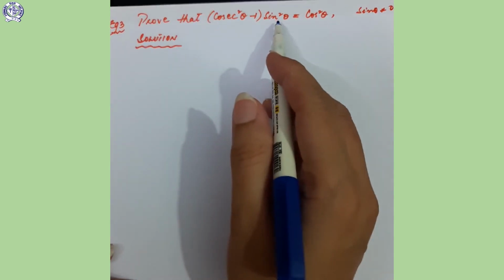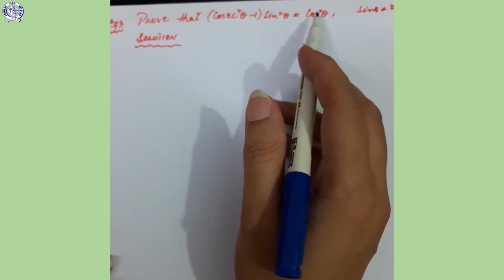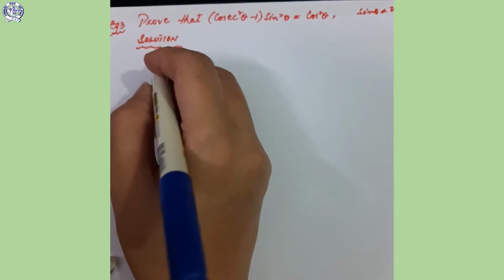Now this is the third example. You have to prove cosec square theta minus 1 into sine square theta equals cos square theta. So we will take the left hand side.